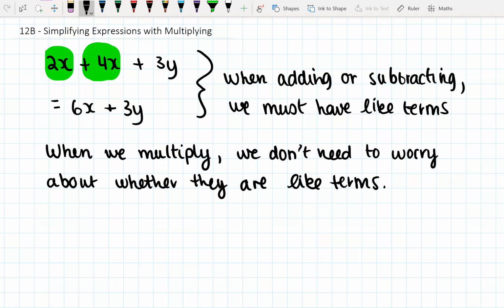Now we've got a few steps that I would like you to follow to make sure that you're doing this in a clear way and also to help you so you don't make mistakes. The first step is that we always start by multiplying the numbers. You might remember that those numbers will always come before the variable.